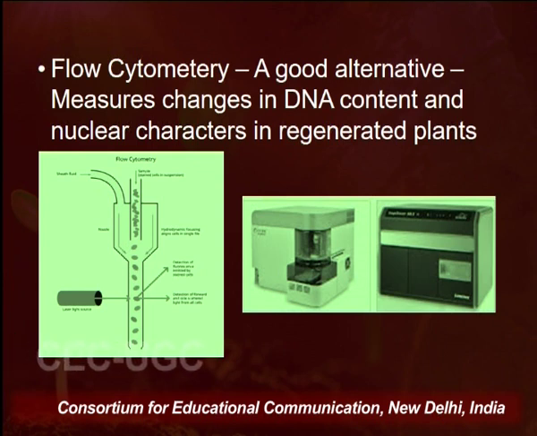What happens is the nuclei are separated from the plant cells, and then they are reacted with a suitable dye which emits fluorescence. Then that mixture is passed through the cytometer, which is why it is known as a flow cytometer, and when this mixture passes through a beam of laser light, the fluorescence is detected.